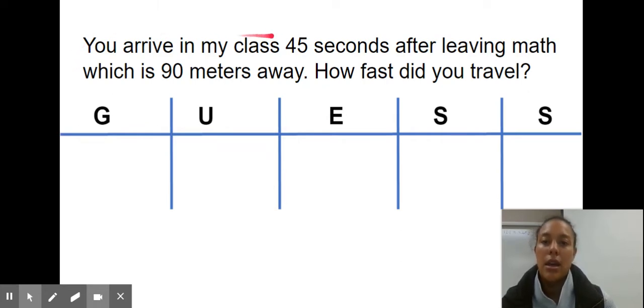As I look at my word problem here, I know I'm going to see some numbers right away, and these are going to be my given measurements, right? They're going to be associated directly to some specific variable, and that is my job to identify this.